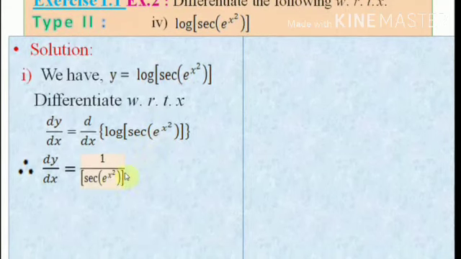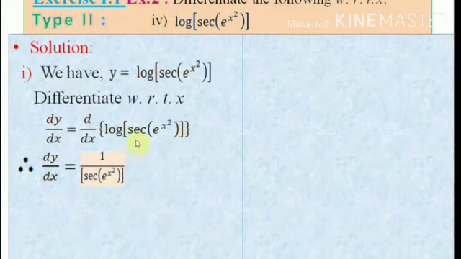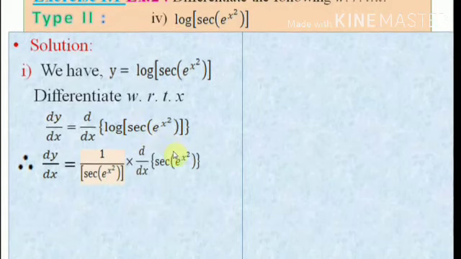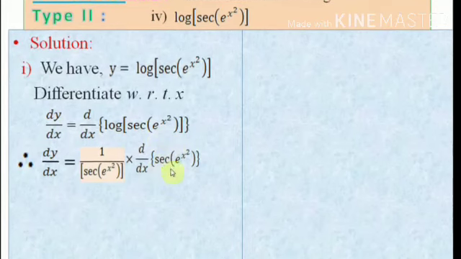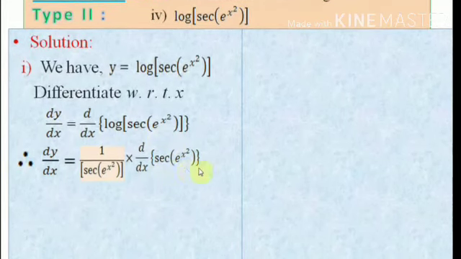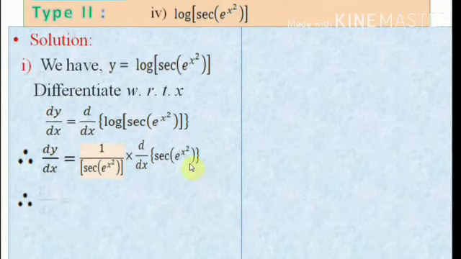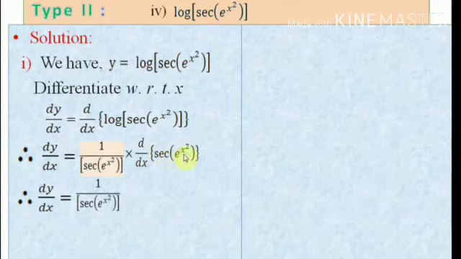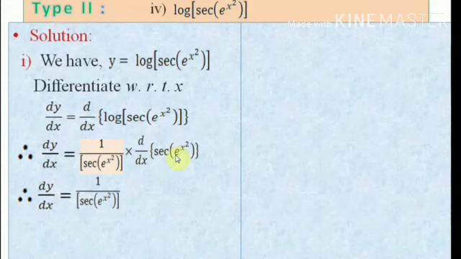Therefore 1 upon sec of e raised to x square into, again by composite function theorem, d by dx of the function f of x, that is d by dx of sec of e raised to x square. Therefore dy by dx equal to first function as it is, multiplied by the derivative of sec of f of x, that is sec of f of x into tan of f of x.